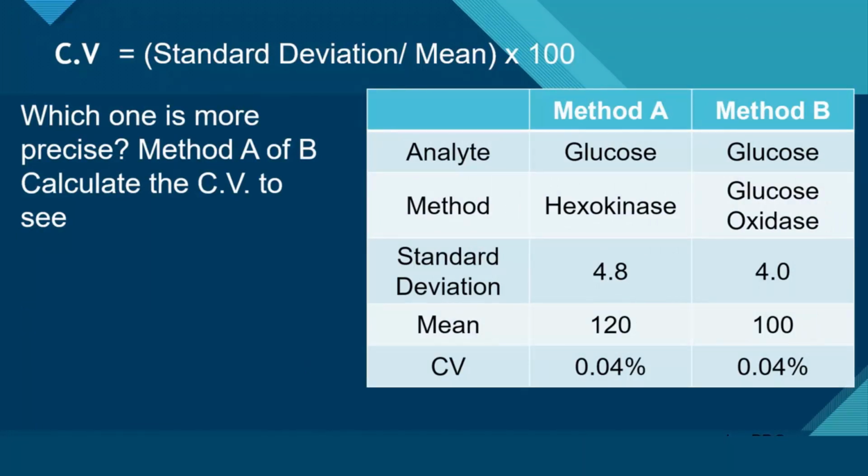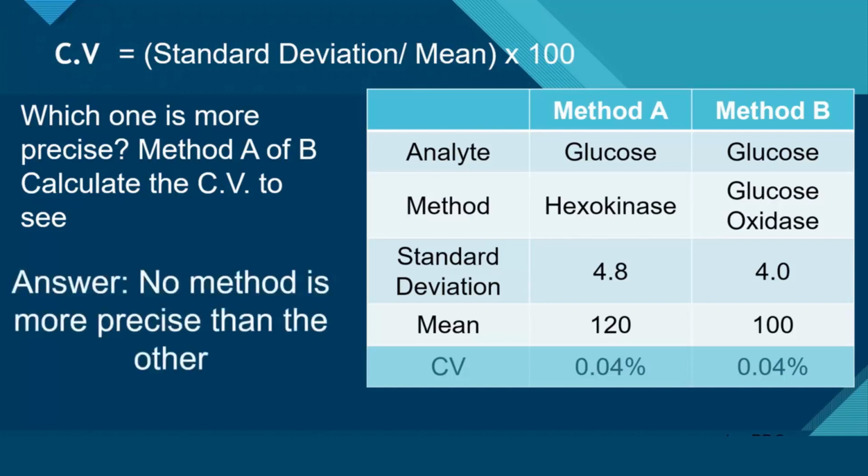We can calculate the CV, in this case 0.004, which is almost the same for method A and method B, and when you plug it into the formula, neither of these is more precise than the other. We could probably spend a little more time on this. We're going to have more on correlation coefficients in upcoming units.